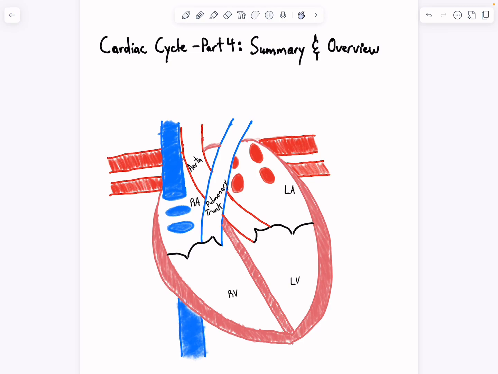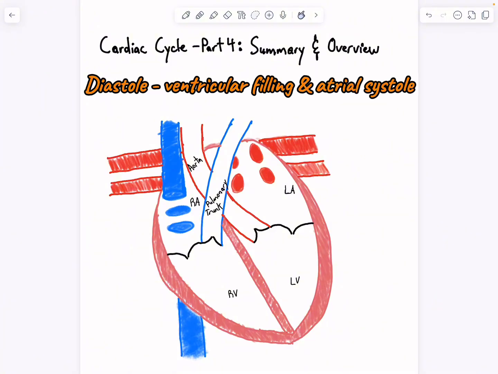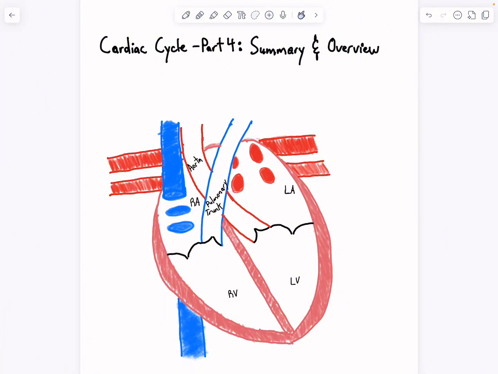So we begin with diastole, which is ventricular filling and atrial systole. During ventricular diastole, the ventricles are relaxed and contain only a small amount of blood, the end systolic volume. Because they're relaxed and nearly empty, their pressure is low.